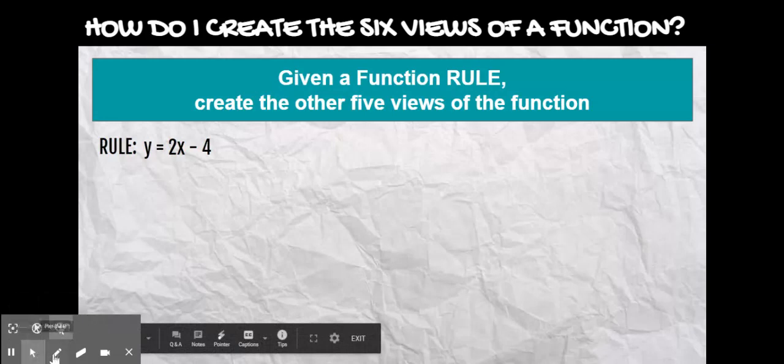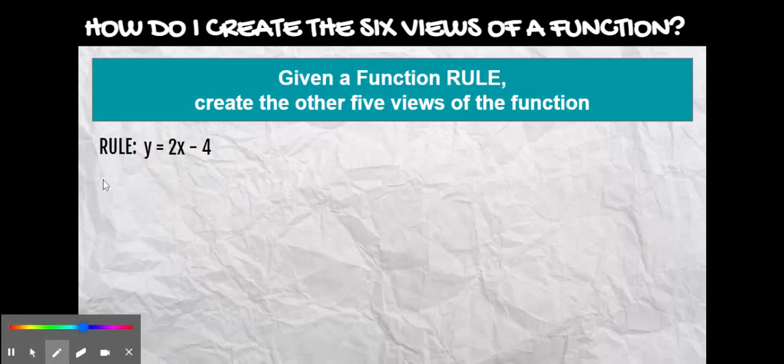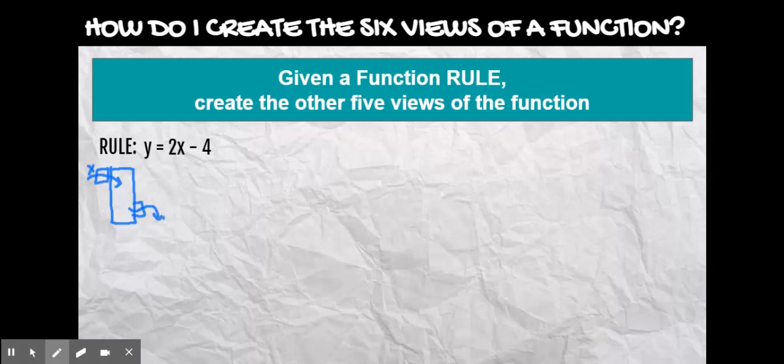So inside your function machine, remember my sad function machine that I drew in class, we're putting x values into our machine, and y values are falling out of our machine. But what's happening inside? That inside computation is listed right here. So what this means is it takes the input value in, it multiplies that input value by 2, and then subtracts 4.